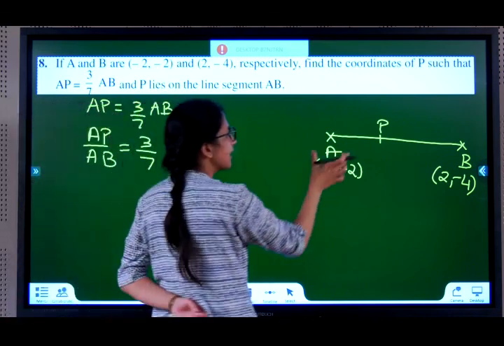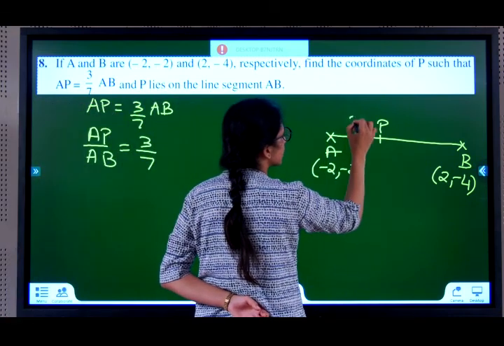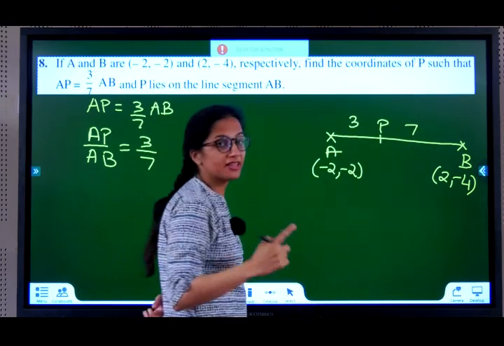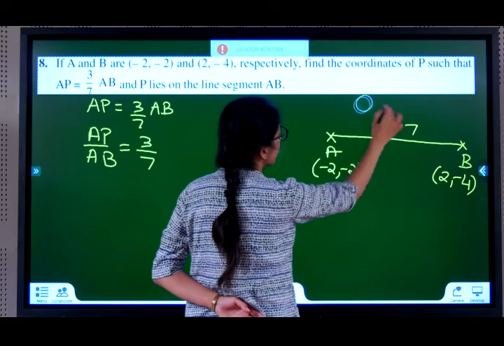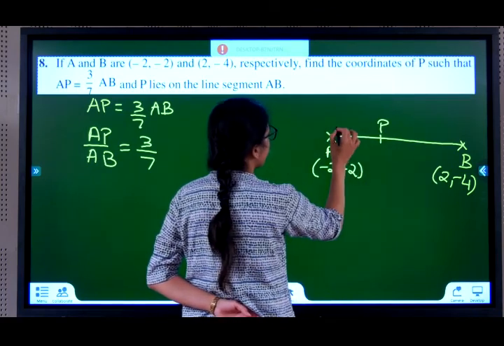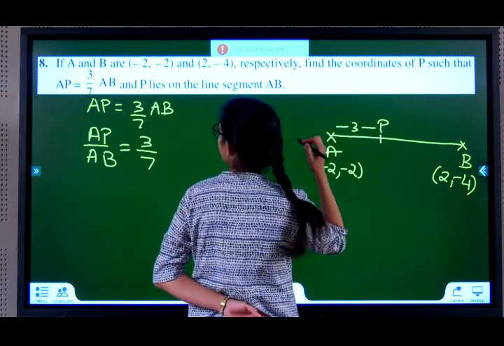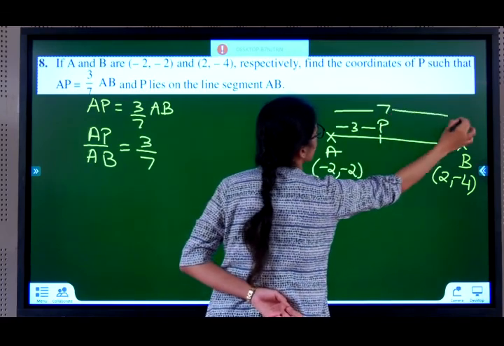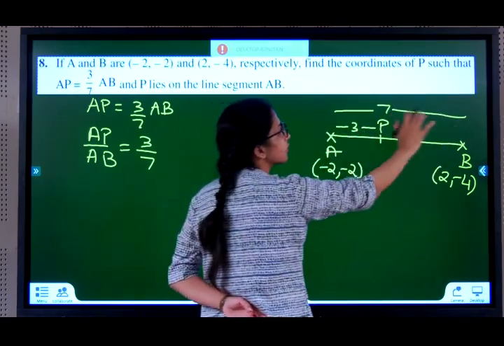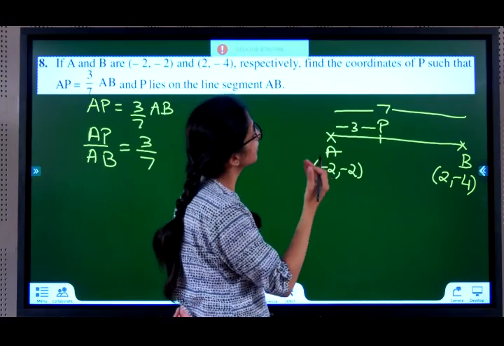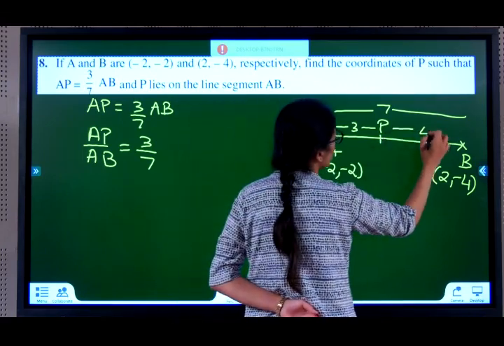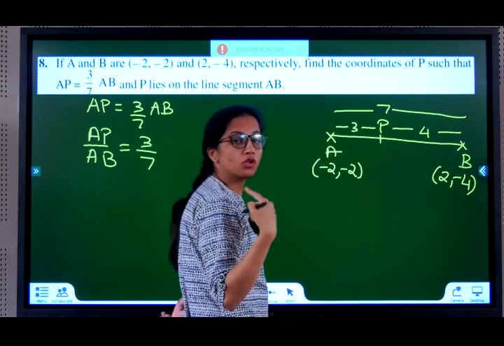Please understand, it is not AP by PB. It is not AP by PB is 3 to 7, where you get the value of m is to n. It is not that. In this question, they are telling you AP by AB is 3 to 7. This is 3, this whole thing is 7. By common sense, you'll say this has to be 4. But how is it 4? You have to prove it.